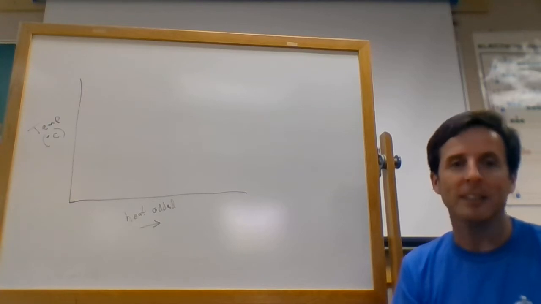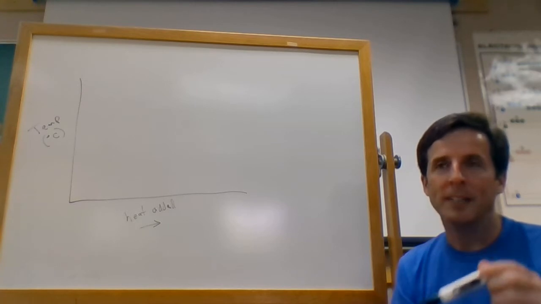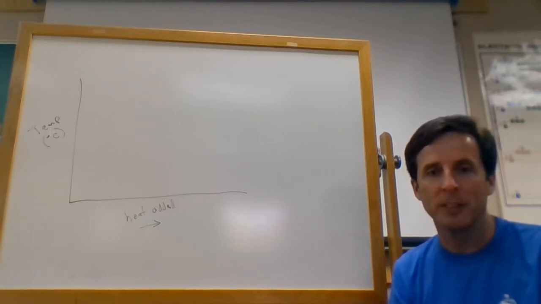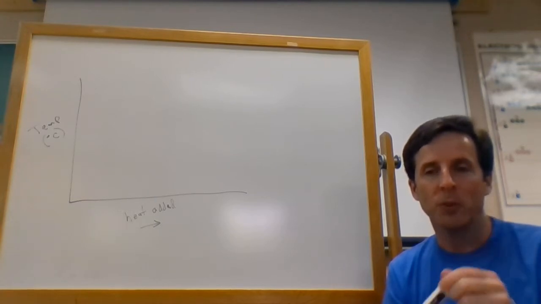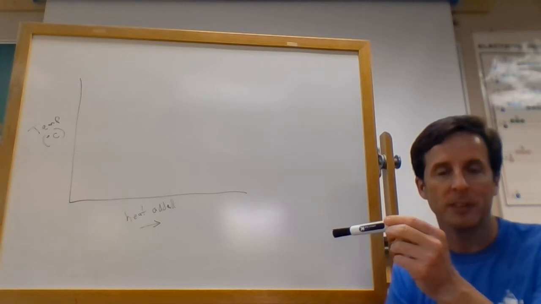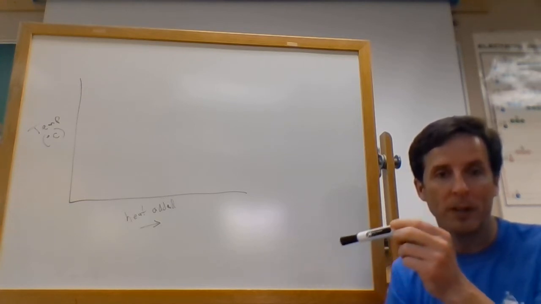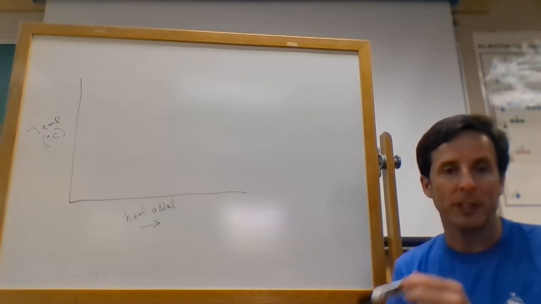The ice, if it's at negative 20 degrees Celsius, is not ready to melt. You have to warm the ice up from negative 20 up to 0 degrees Celsius, which is known as the melting point of water. You have to heat it up to that temperature before melting occurs.